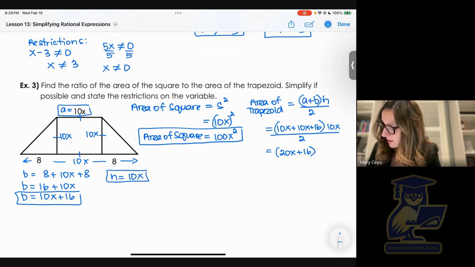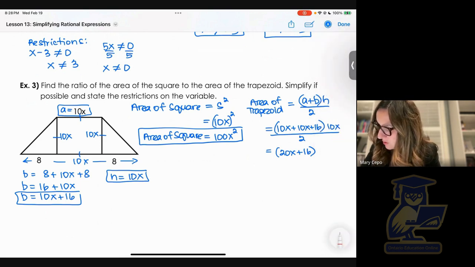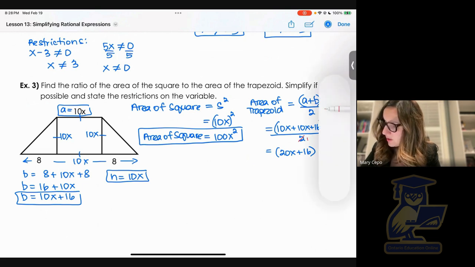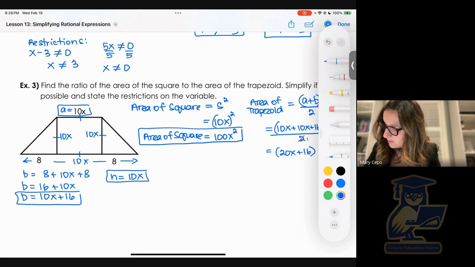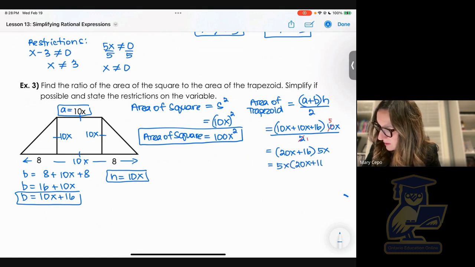And of course, because we can simplify, 2 goes into 2 once, 2 goes into 10 5 times. So we're left with 5x times 20x plus 16. So that would be the area of the trapezoid.